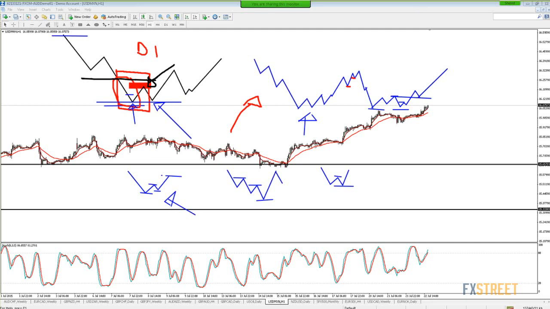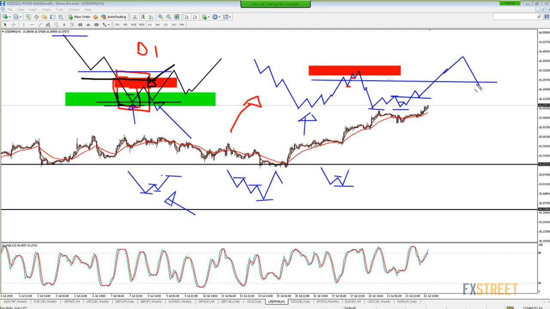Now the crux of these things is obviously where this is happening. Is it happening at daily support? Is this resistance? Right? And when this breaks, where is it going to? Well, it's going to the next level on the daily, and then it's likely to come down to the support, in which case you're going to look for something like this again.